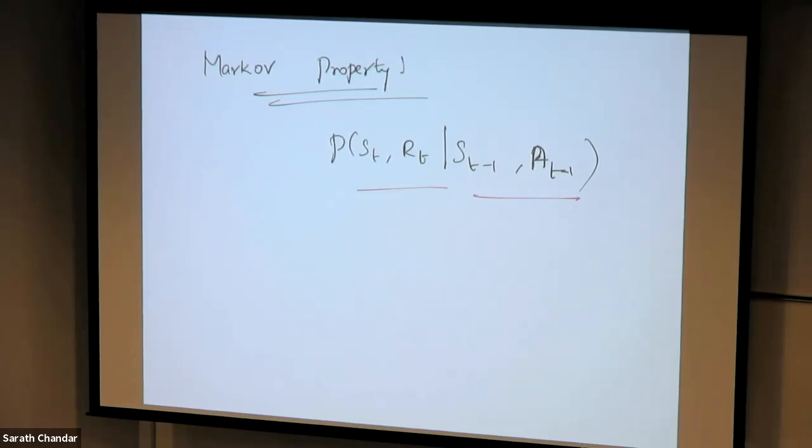In other words, the current state encompasses all the information that you need from the past to make an accurate prediction for the next state and reward.